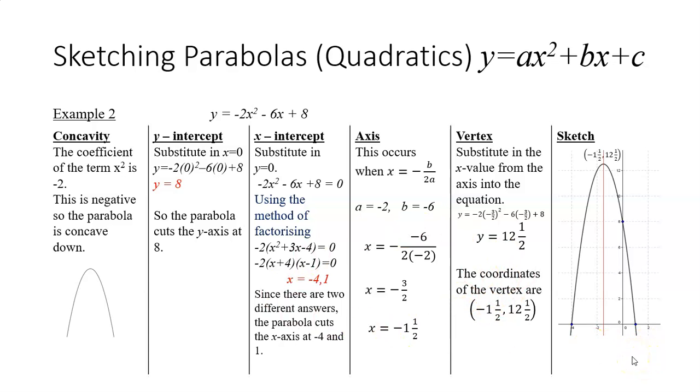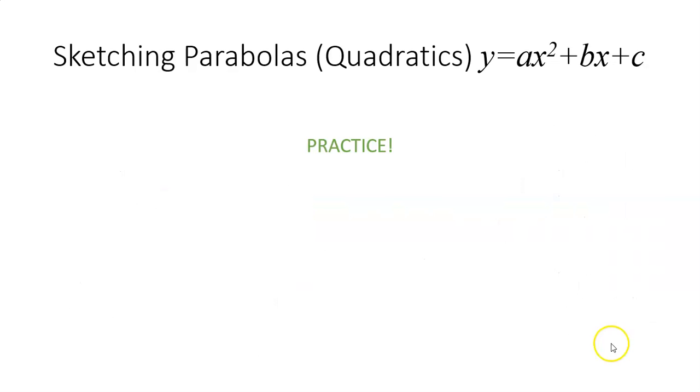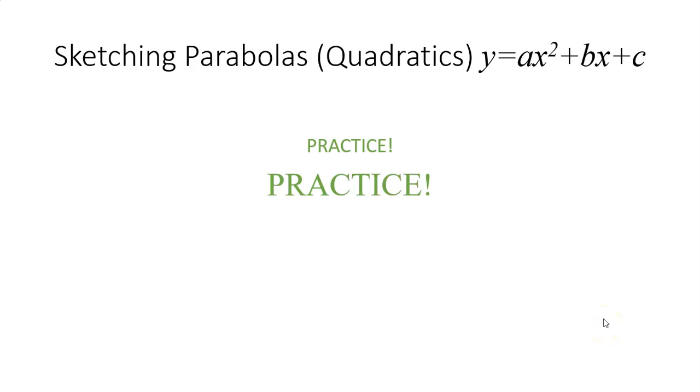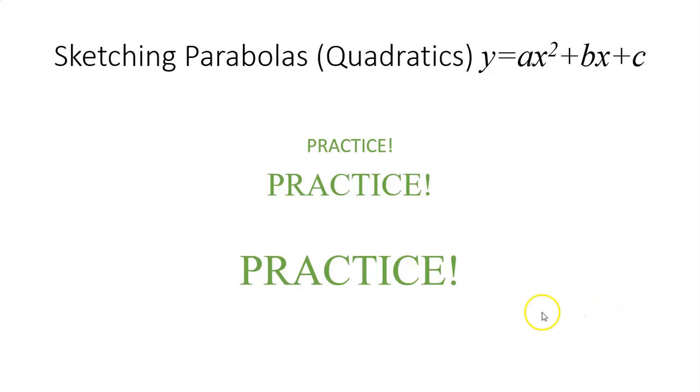So there's our 5 main things, and we've just learned how to sketch both a concave up and a concave down parabola by factorising. So what you really need to do now is to get a lot better and quicker at all of this. So you need to practice and practice again and practice again, and the more that you do so, the easier it will become.